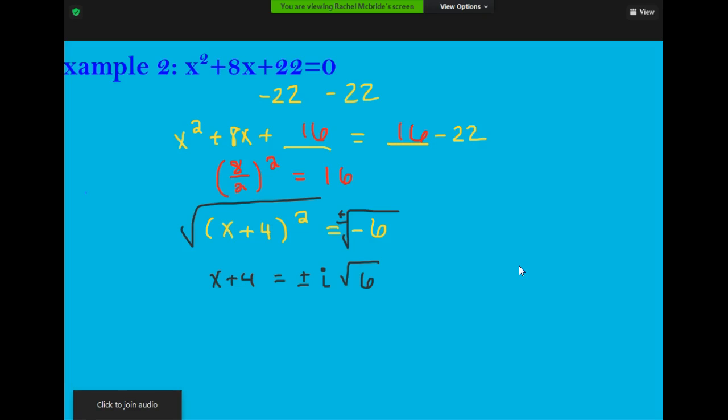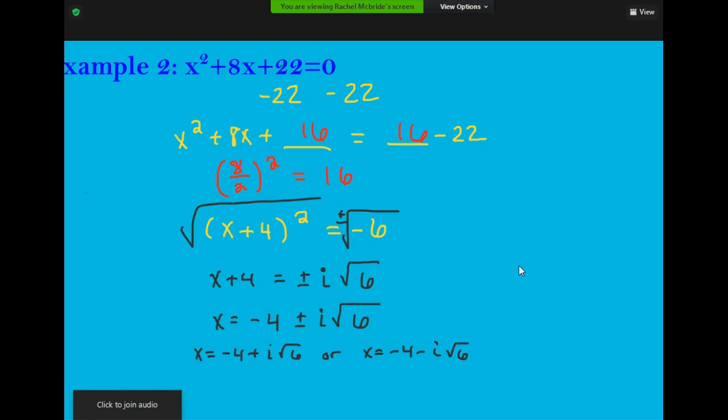We like to solve for x though, so we subtract 4 to the other side. We typically do real plus imaginary, so you're going to put the 4 in front. So it's x equals negative 4 plus or minus i square root of 6, which gives 2 non-real solutions, because that's really like x equals negative 4 plus i square root of 6, or x equals negative 4 minus i square root of 6.